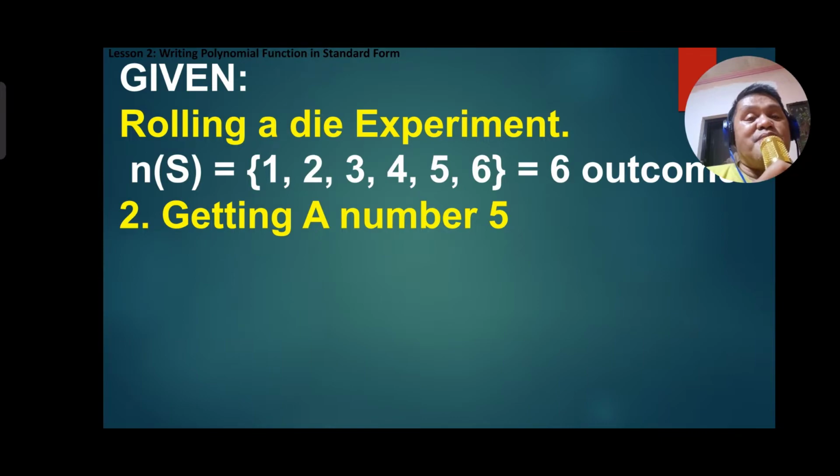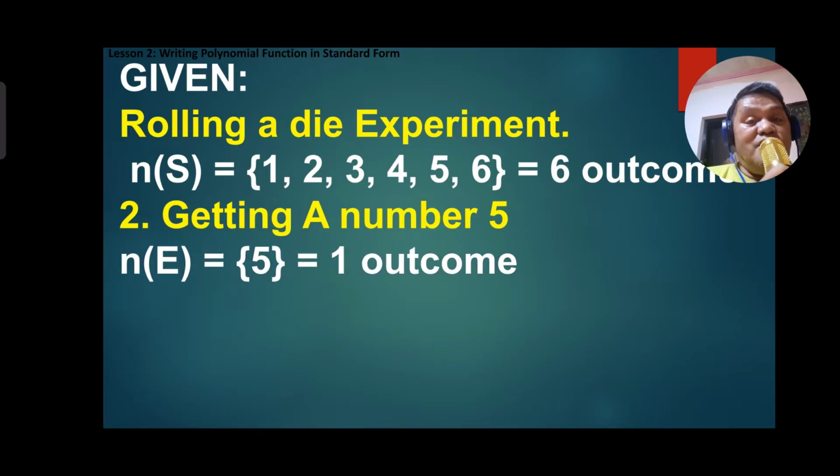This time you are going to get a number 5. The number of outcomes in obtaining a 5 is only one outcome, which is 5.